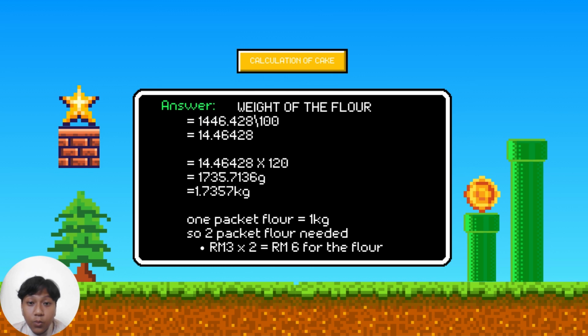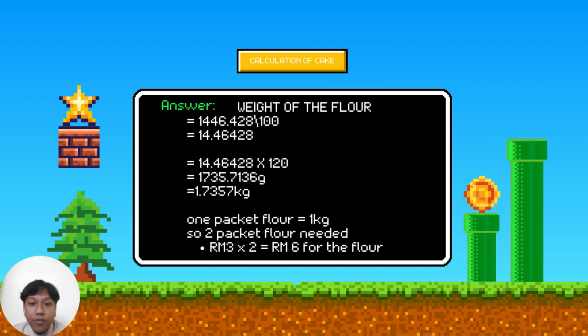And lastly, we are going to calculate the weight of the flour. Firstly, 446.428 over 100 equals 14.46428.